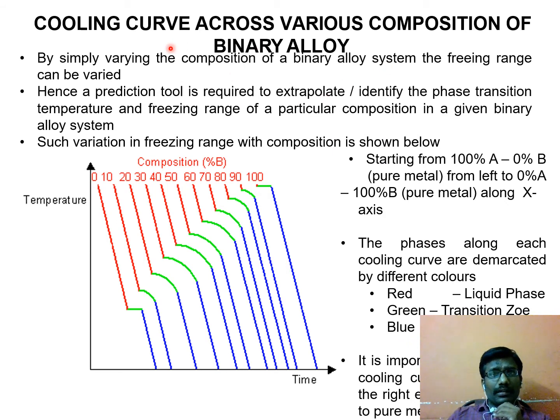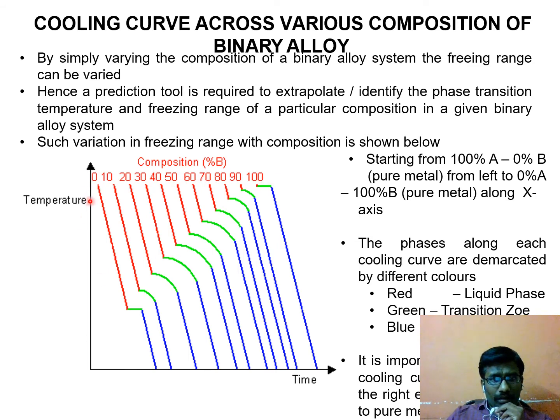Now we will see the cooling curve for a binary alloy. Before drawing any phase diagram, first you do the experiment, that is called the cooling curve. You take the composition percentage. As an example, I am taking 0% B, 100% A, and then from left to right, 100% B, 0% A, and in between we have the various compositions.